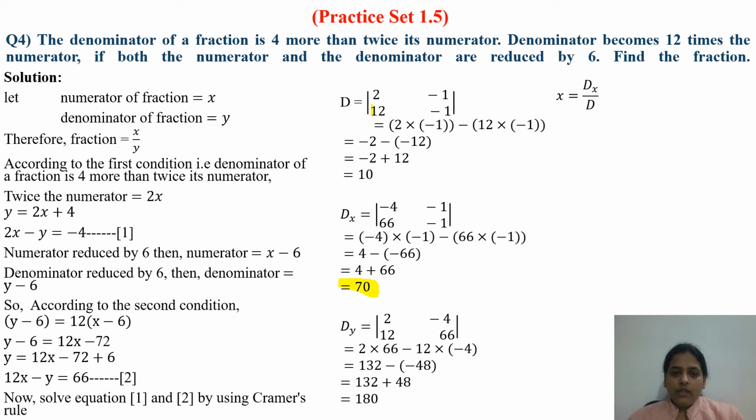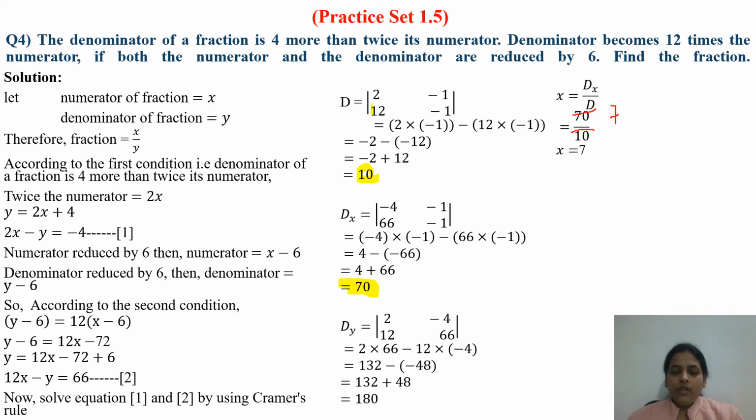Next, what is the value of d here? That is 10. So put values, that is 70 upon 10. When we divide 70 upon 10, 10 sevens are 70. So what is your answer here? That is 7. So x is equal to 7.